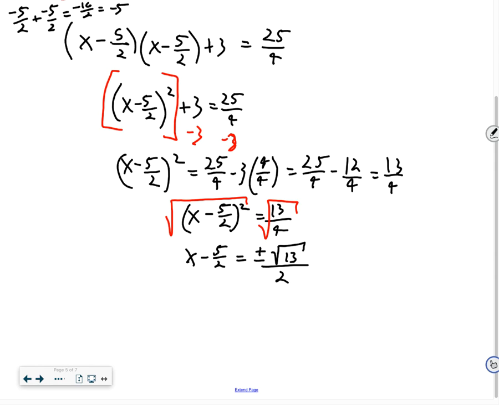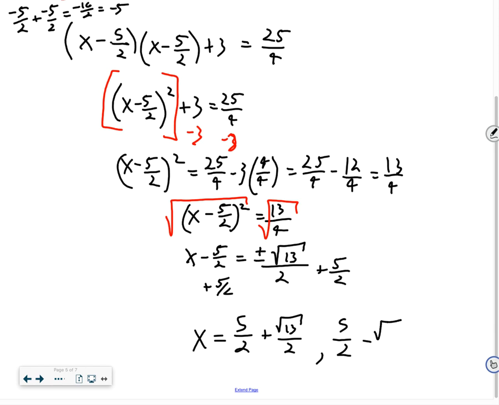Square root of 4 is 2. So the square root is now just in the numerator. And then I'm going to add 5 halves to both sides. So I get x is equal to 5 halves plus square root of 13 over 2, or it can be 5 halves minus square root of 13 over 2. So my solution is a set of two numbers.